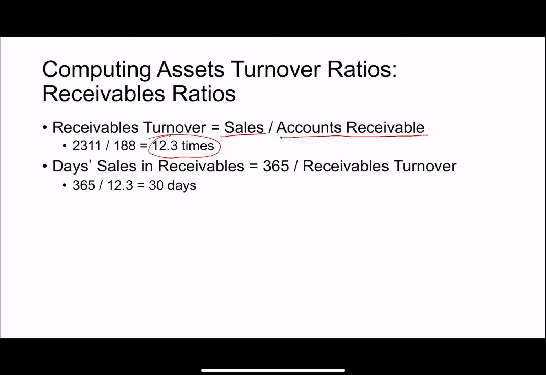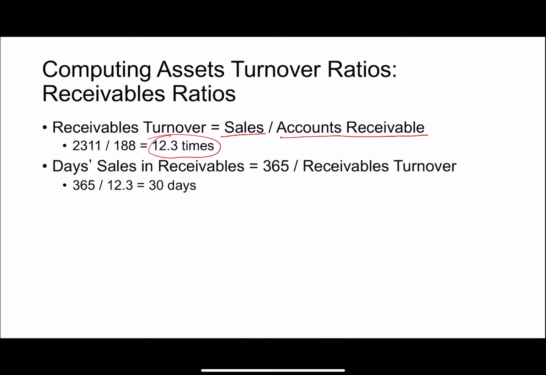The higher the accounts receivable, the more you have to wait before you get your money back. And remember, in finance, time is money. The longer you wait, the less opportunities you have to reinvest that money in something more productive. So you want your accounts receivable turnover to be as high as possible.